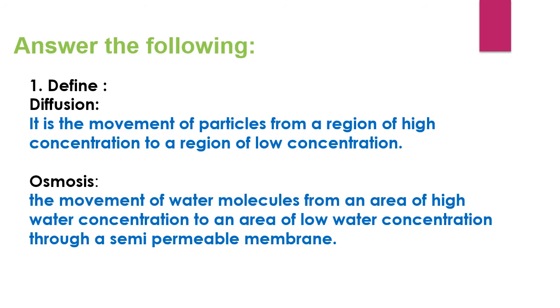This is very important, the difference between diffusion and osmosis. Diffusion is only movement of particles, but osmosis is movement of water molecules from an area of high water potential or concentration to an area of low water potential or concentration, through a semi-permeable membrane.